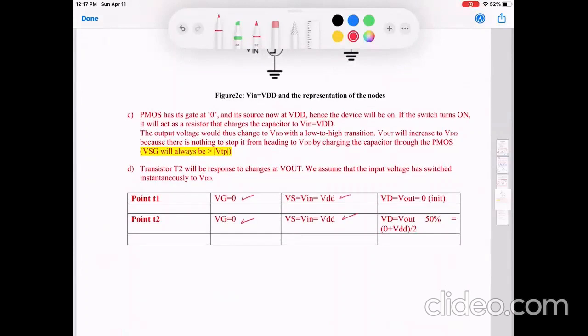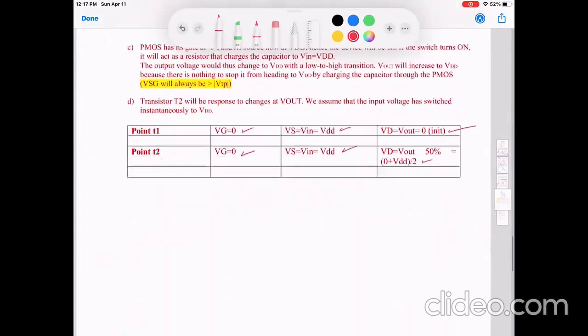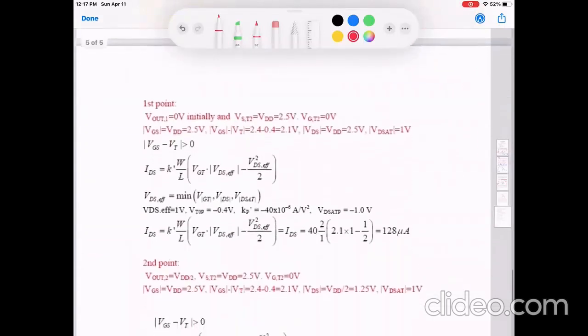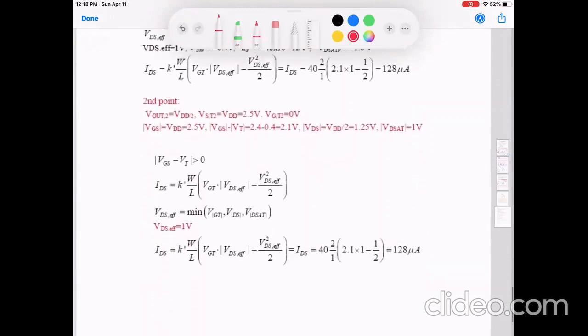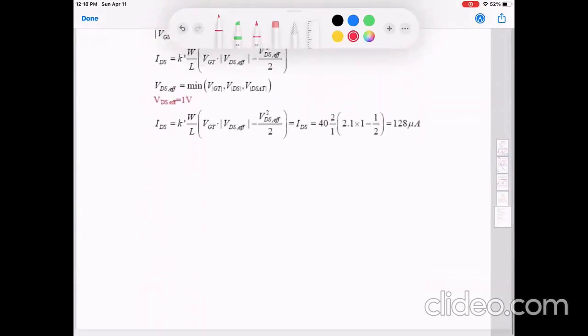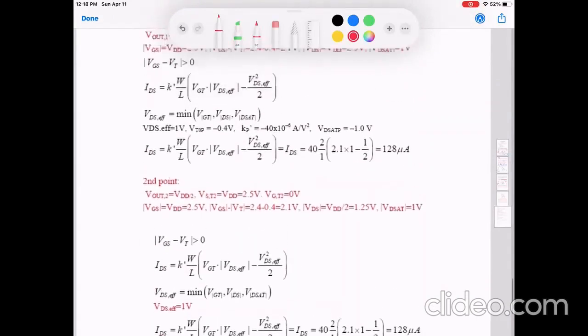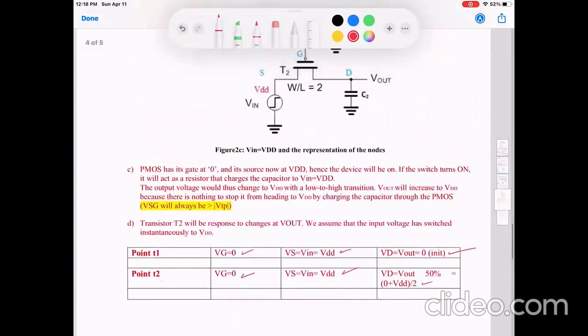At point T1, Vd was Vout, equal to 0. And at point T2, Vd is going to be equal to Vout, which is VDD over 2. Now we can calculate from it VSD and VSG and perform the current values at time point T1 and at time point T2, as you see here. Okay, thank you.